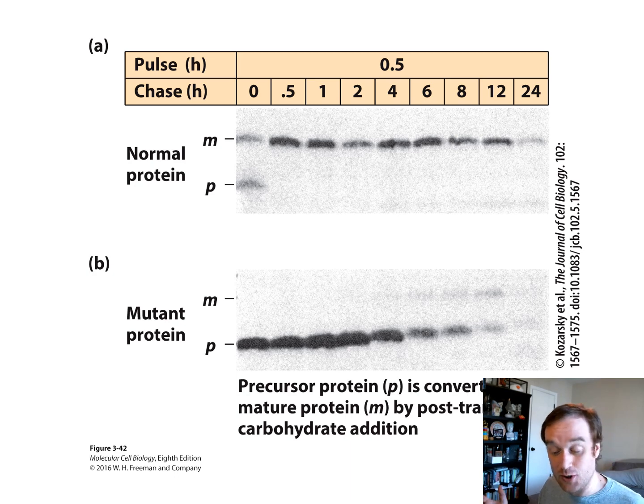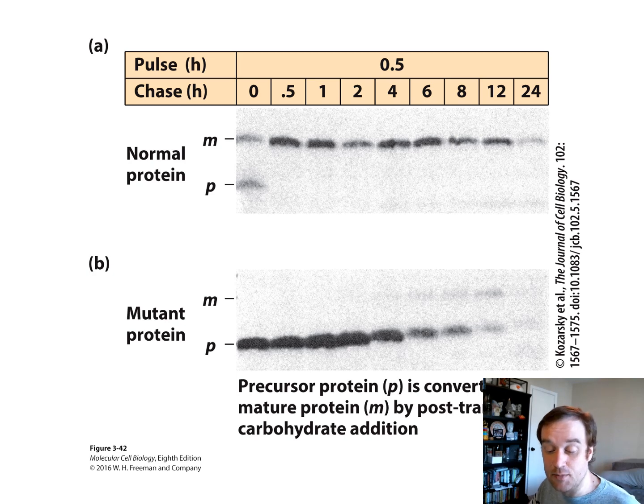And so we reincorporate non-radioactive amino acids. And so then we incubate the cells for varying times, up to 24 hours, with that unlabeled methionine. So here they did a half hour, 1, 2, 4, 6, 8, 12, and 24 hours with non-radioactive methionine.